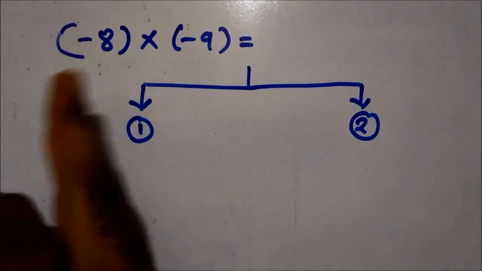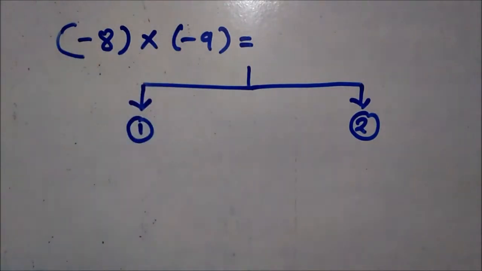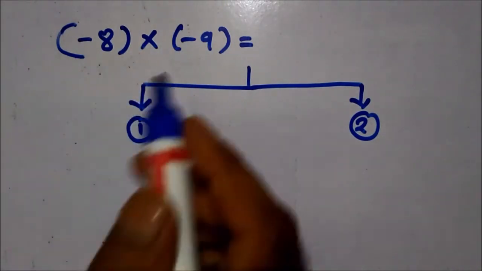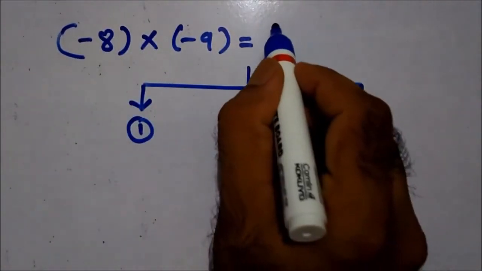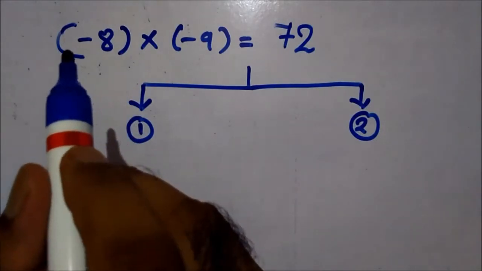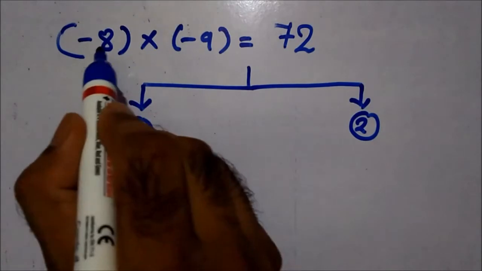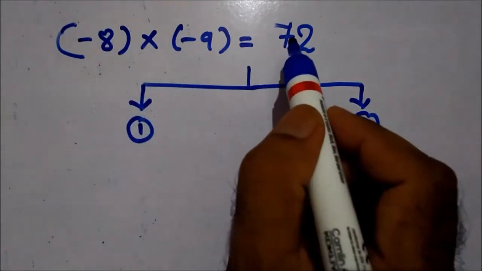Now let's take the example for integers. We have -8 and -9. -8 multiplied by -9 is 9 8s, or 8 9s, which is 72. And we knew that whenever we multiply an even number of negative integers, the product will be positive.